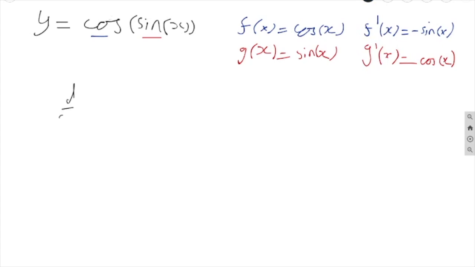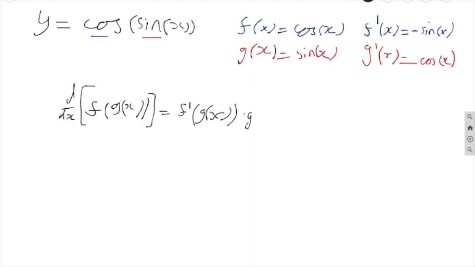d by dx of f of g of x equals f prime of g of x times g prime of x.